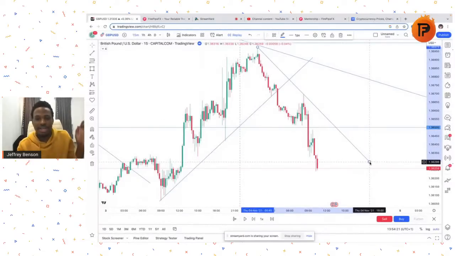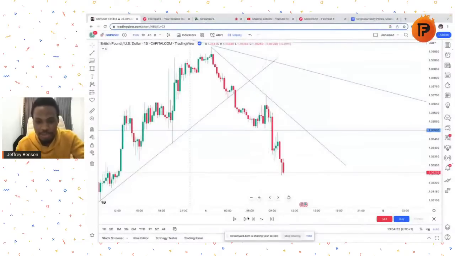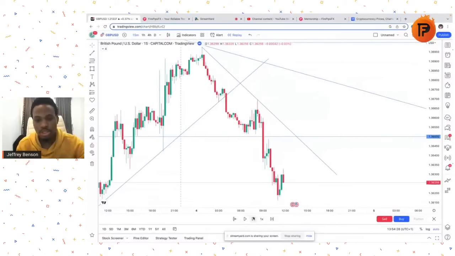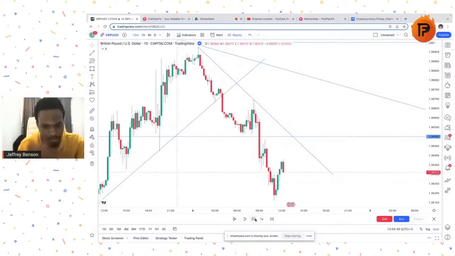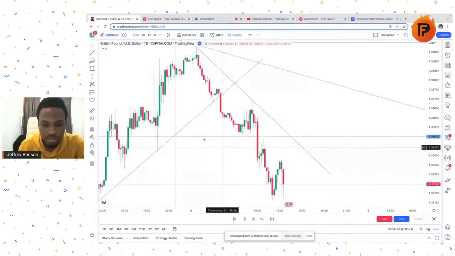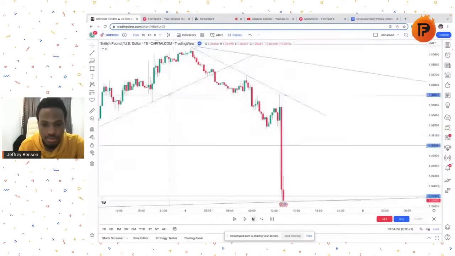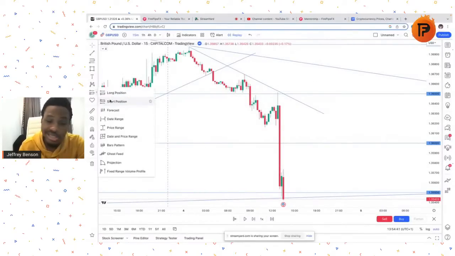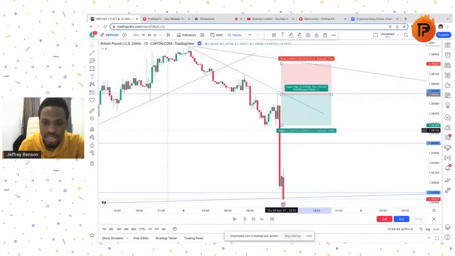The next move is that price bounces up, and then we join the short from here. It bounces up to this point, and then we join the short. Easy.